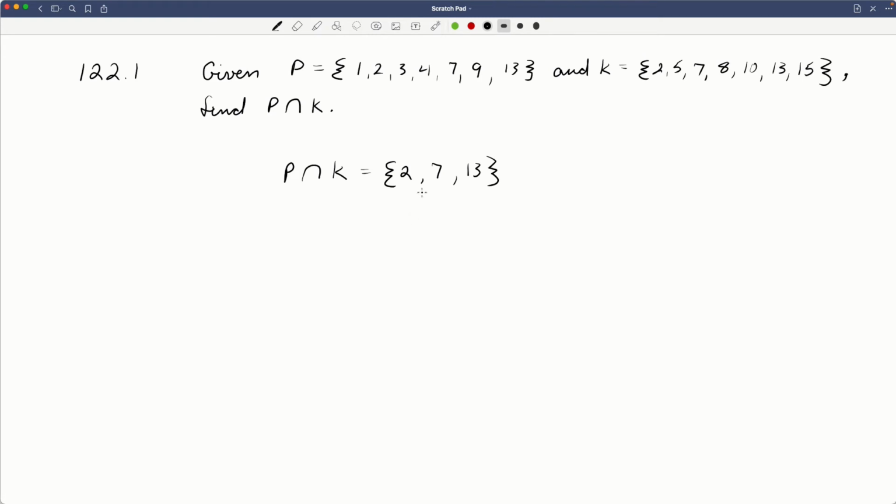That is so easy. That's your answer. The intersection of sets P and K is {2, 7, 13}.